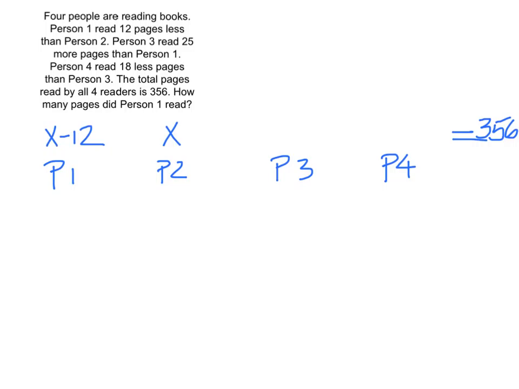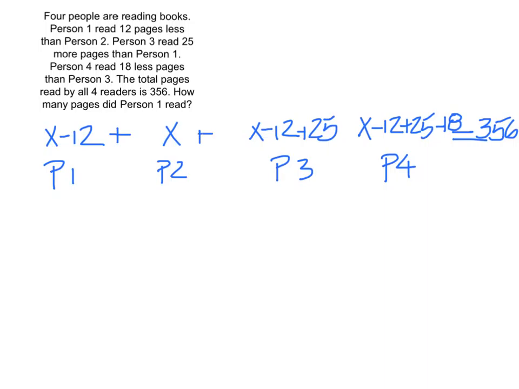Person 3 read 25 more pages than person 1. So person 1 plus 25. And then person 4 read 18 pages less than person 3. So we have x minus 12 plus 25 for person 3, but it's 18 less than that.